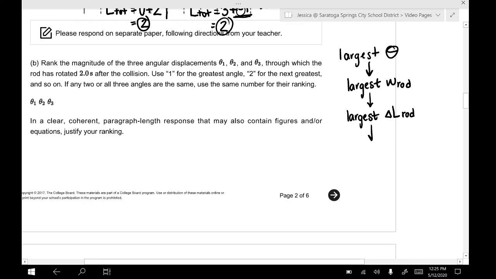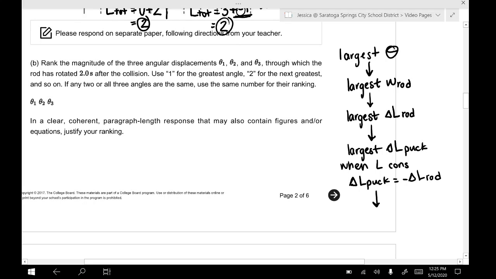The largest change in angular momentum of the rod occurs with the largest change in angular momentum of the puck, keeping in mind that when angular momentum is conserved, the angular momentum change of the puck is equal and opposite to the angular momentum change of the rod.